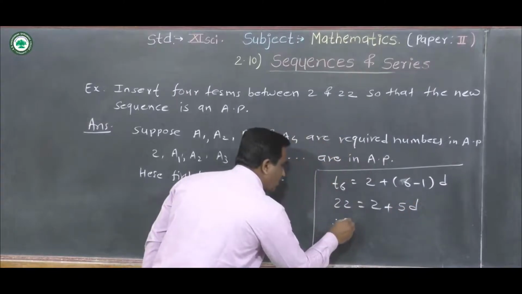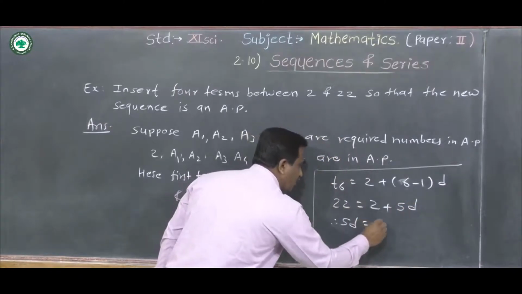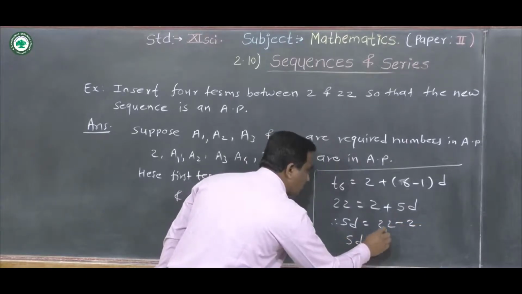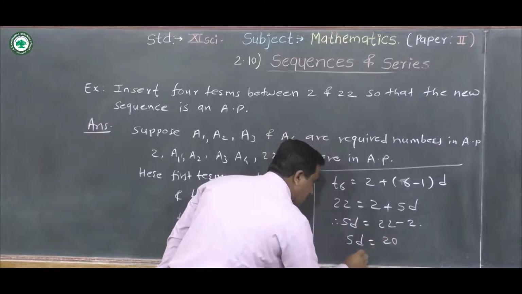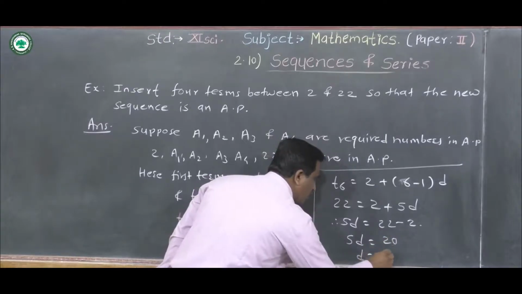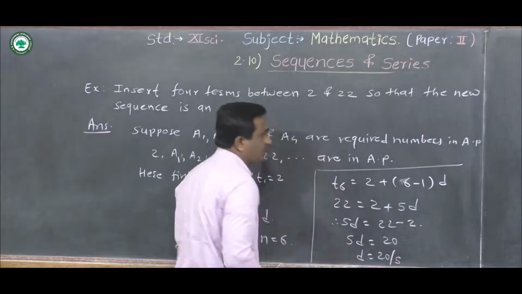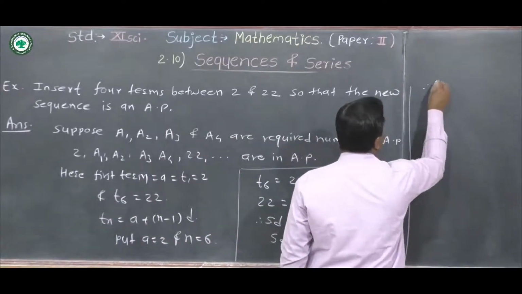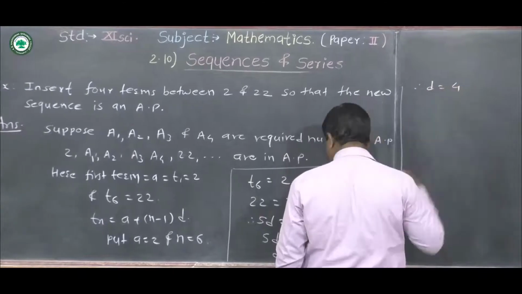Therefore 5d equal to 22 minus 2, that is 5d equal to 20. Therefore d is equal to 20 upon 5, so d is equal to 4.